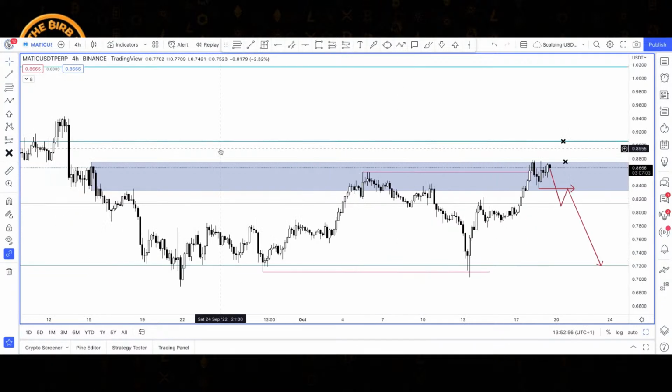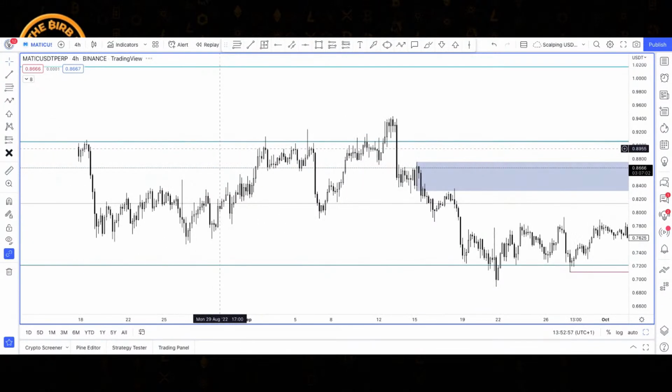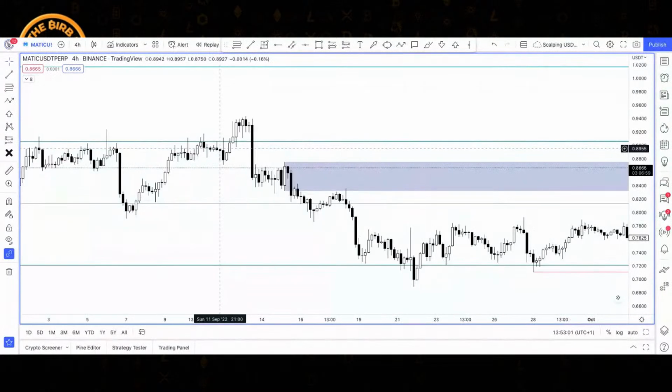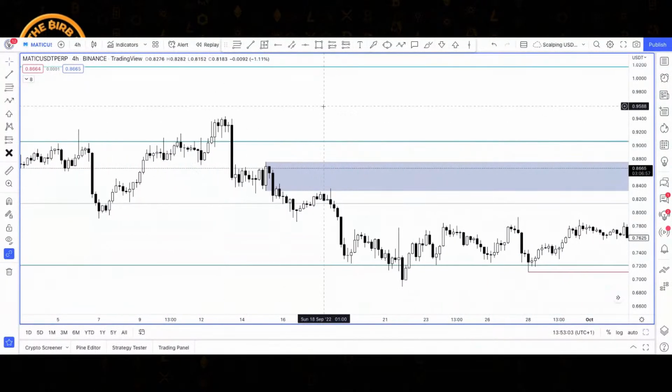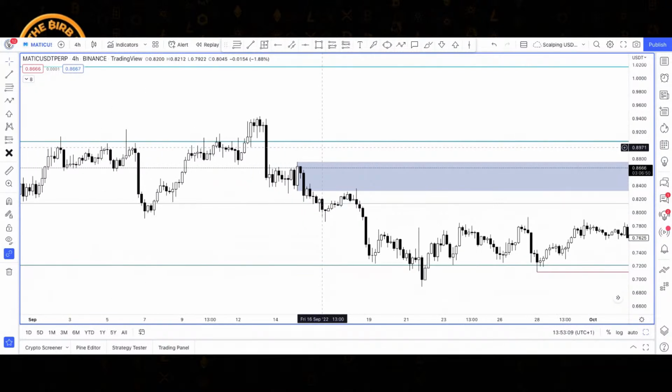So, if we are... So let me get you anything. It has to be a fair value gap, right? So we need a key fair value gap that we're trading down.